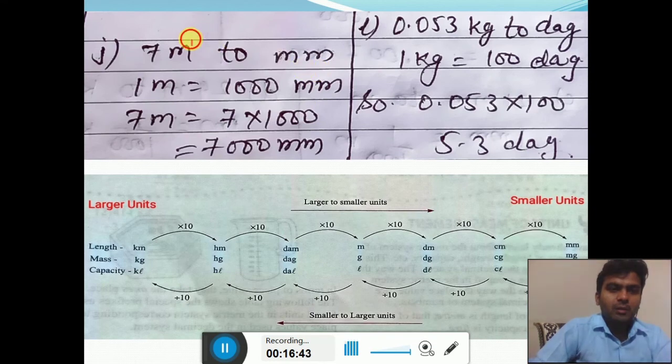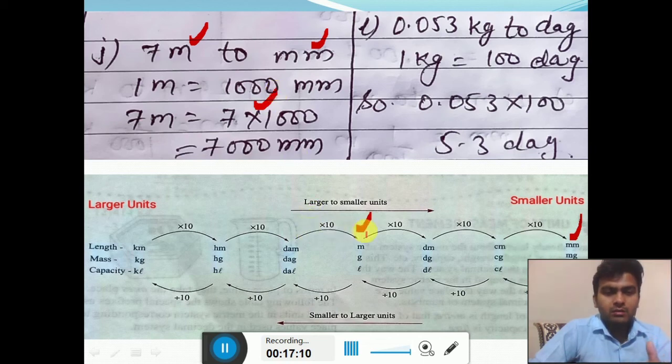Meter to mm. Kilo, hecto, deca, meter, deci, centi, millimeter. So millimeter is the last unit in that group. See the diagram. Millimeter is the last and the meter is here in the middle. So meter is the bigger unit and mm is the smaller unit. So what you have to do? You have to multiply by which number?